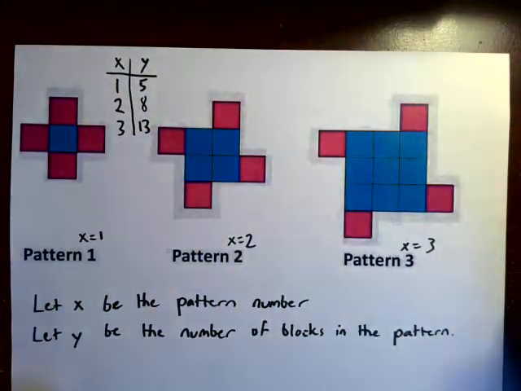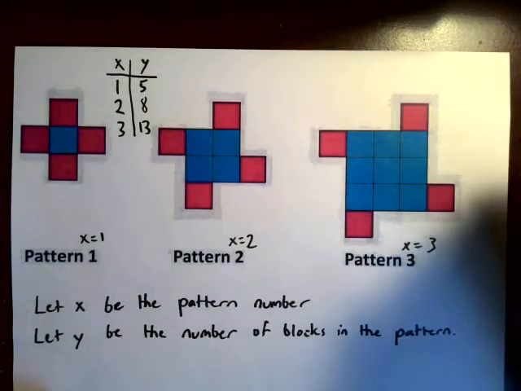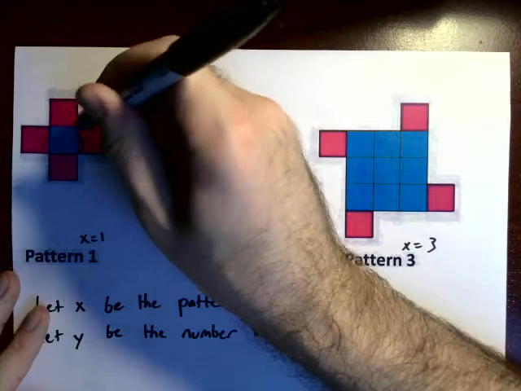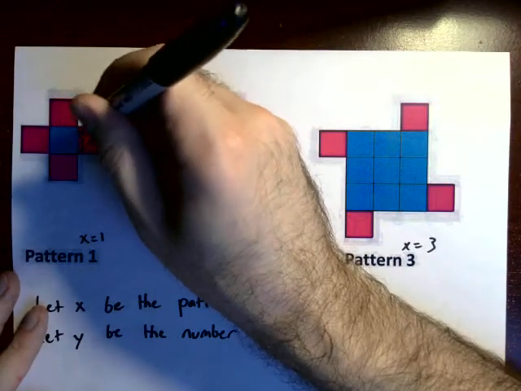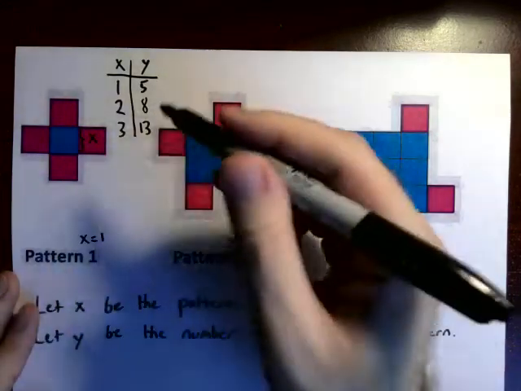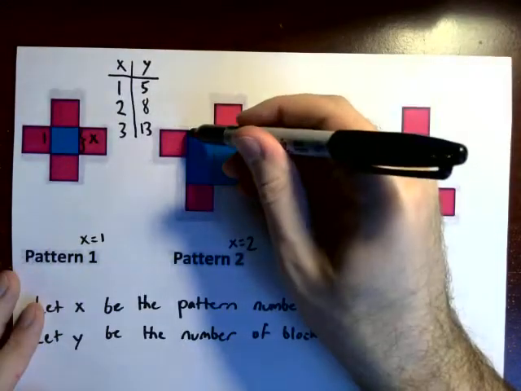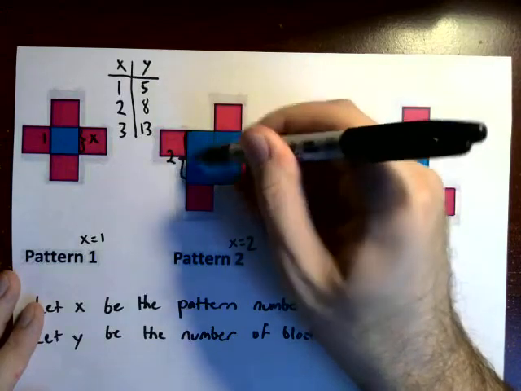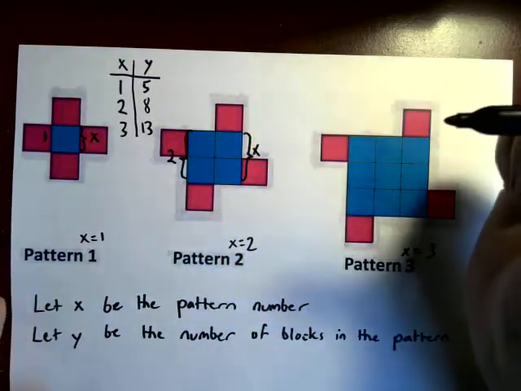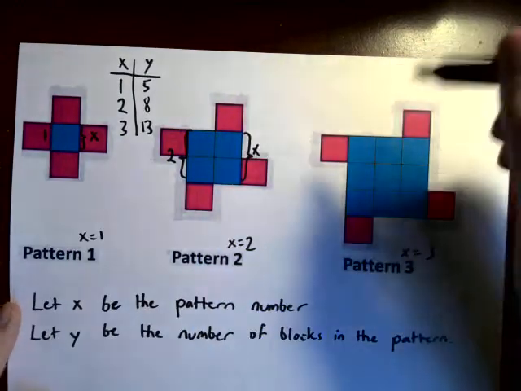And then here, let's look at the area that you could represent the blue blocks with. So we have, this is just 1, so that would be equal to x, because there's just 1 here. And then here, we have 2 blocks there, which at the same time, that's just x, right, because it's 2.